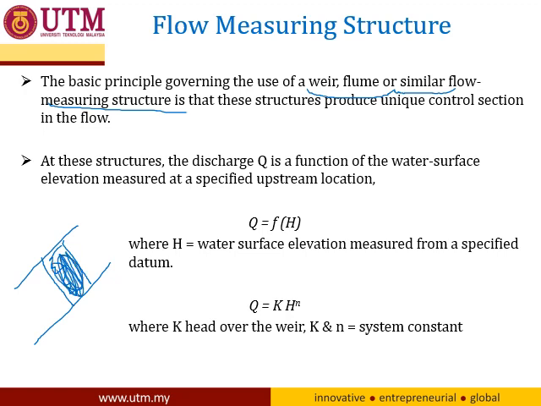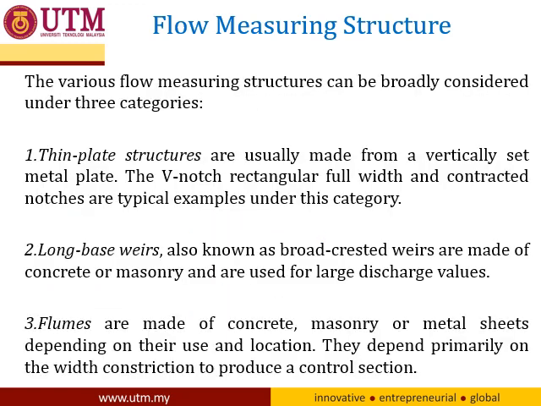So that they can measure the head of the water level, and then from that head, they can find Q using some established formula or function. For these structures, the discharge Q is a function of the water surface elevation measured at a specified upstream location. Remember the water elevation or water depth, and then they use some formula to determine the Q. So there are some categories of these flow measuring structures.